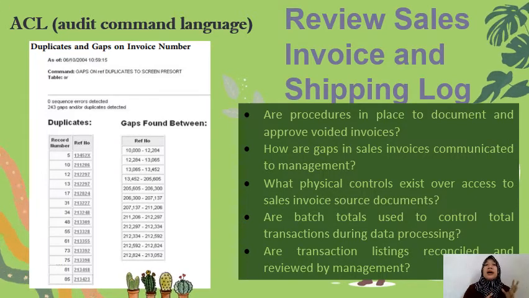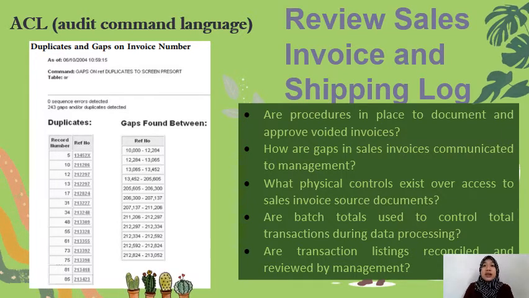There are many features that ACL has, which help auditors conveniently detect errors. ACL, or Audit Command Language, can test a designated field for out of sequence records, gaps in sequence numbers, and duplicated values for the entire file.